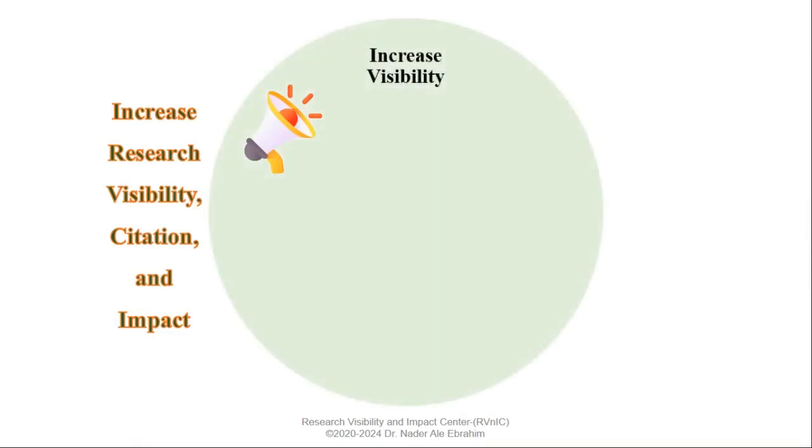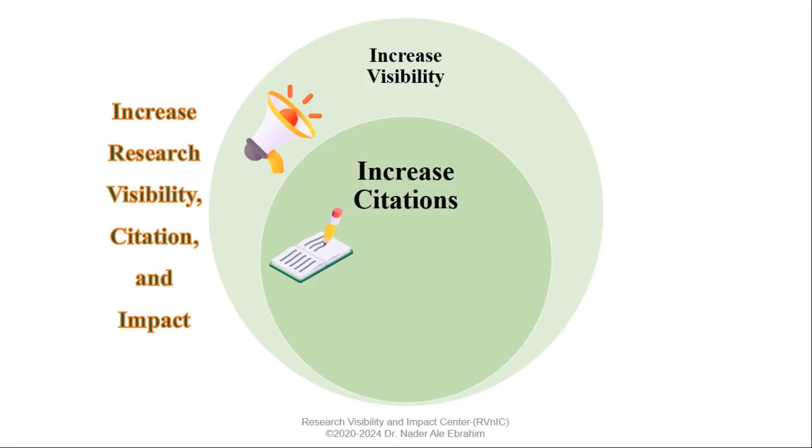Okay, in order to increase your research visibility and impact, you need to increase the visibility of your paper first, then you will get citation, then you will get some impact. The impact does not come directly. Let me give you some numbers.